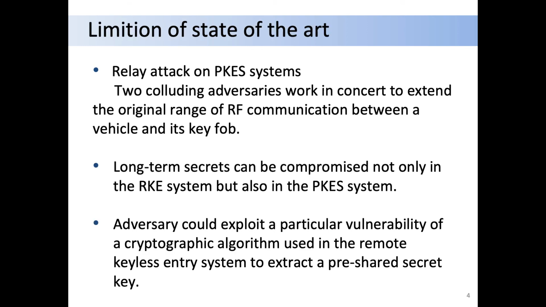Now let's see the limitations of the previous techniques. Firstly, it's hard to defend against the relay attack, because the adversary can use two transceivers in concert to extend the original range of the RF communication between a vehicle and its key fob.